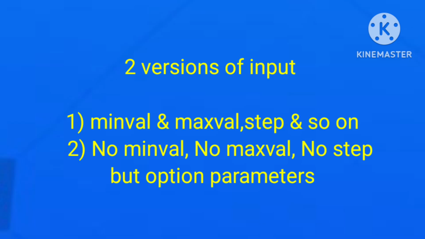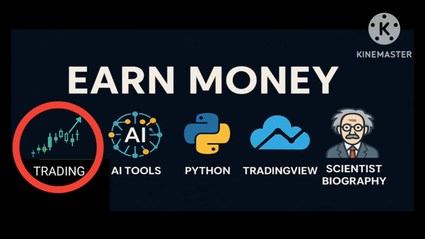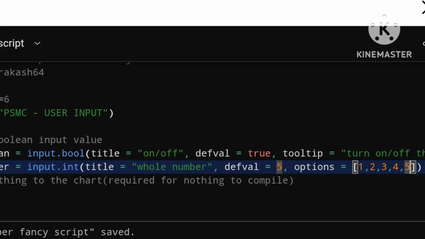You can use min val, max val and step with your other parameters, but you can define options that you want your user to select from. So to define a list of options in your settings menu, you need to specify the parameter options equals, and then we use the square brackets to define a list of the options. And here I could write 1, 2, 3, 4, 5.